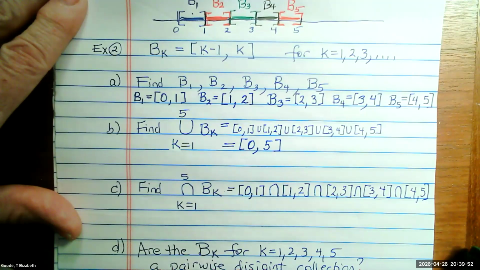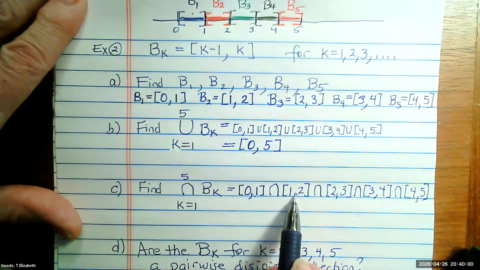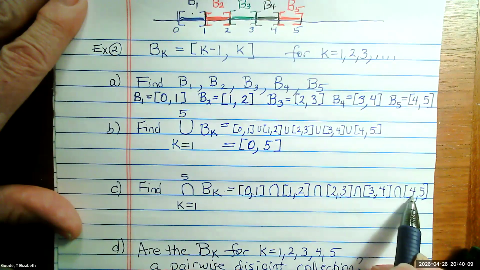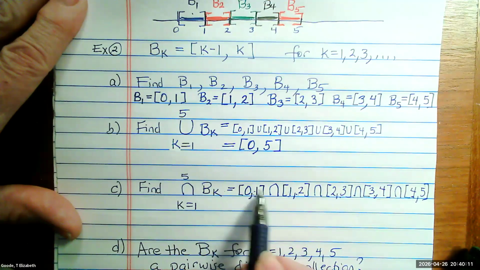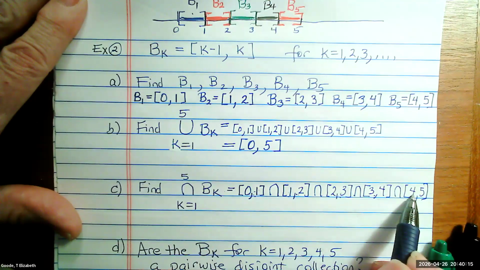we do have to look at the square brackets when we're looking at this intersection. B1 intersect B2, they do share the one in common, right? Yes, but the one that's in these two isn't in this or that. So even though these two share the number one, the other three don't have one.